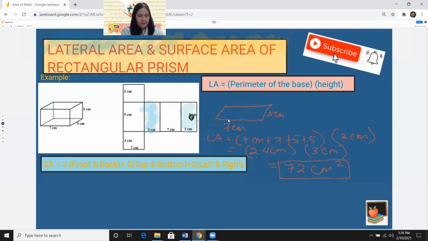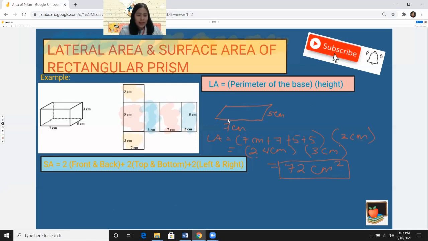And then for the top and bottom, we will use a red one. We're going to shade it so that you can see the differences of its surfaces. And then the left and the right, which are the sides of the box. A rectangular prism is like a box. Those are the 6 surfaces of the given rectangular prism.